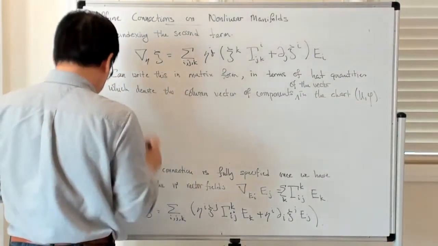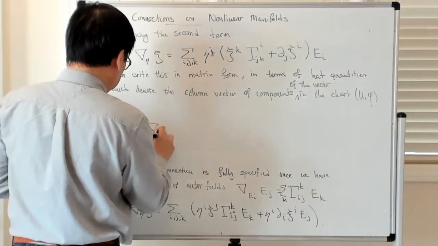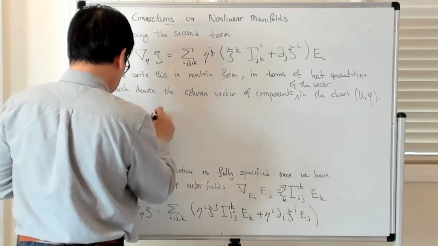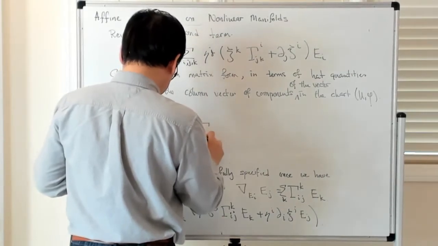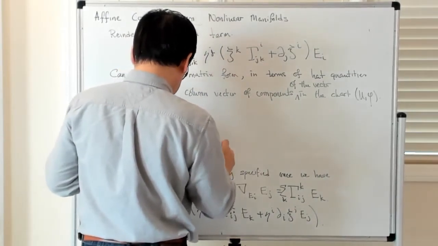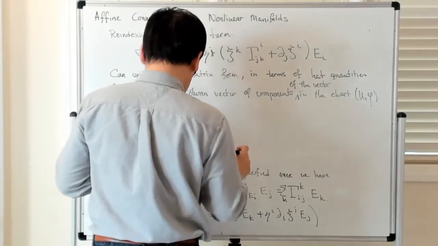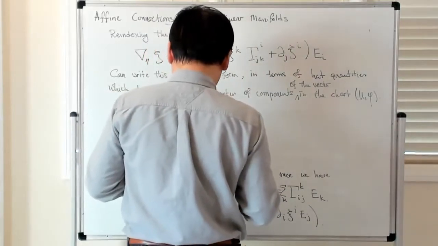I'm going to write this now as a column vector. Okay, and then this is going to be some matrix having to do with the Christoffel symbols, right?